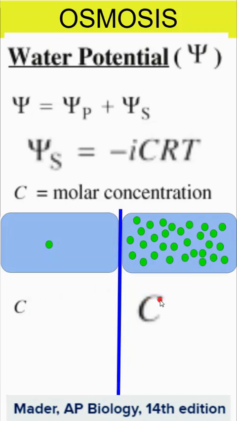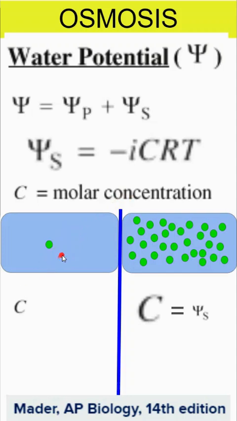A big molar concentration is going to equate to a small solute potential. So when we look at this, again, there you see this negative here. So the greater the molar concentration, the smaller the overall number here. So a big C is a small solute potential.